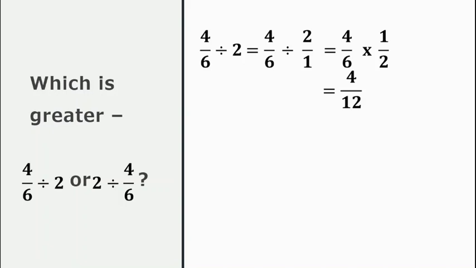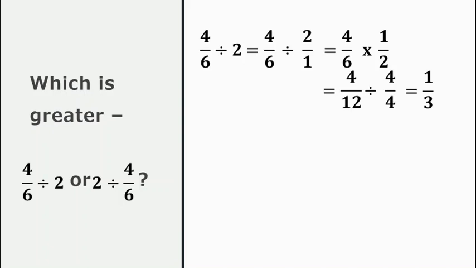And because 4 over 12 has a greatest common factor, which is 4, we need to divide it by 4. 4 divided by 4, that is 1. 12 divided by 4, it's 3. So we got the answer for 4/6 divided by 2, which is equivalent to 1/3.